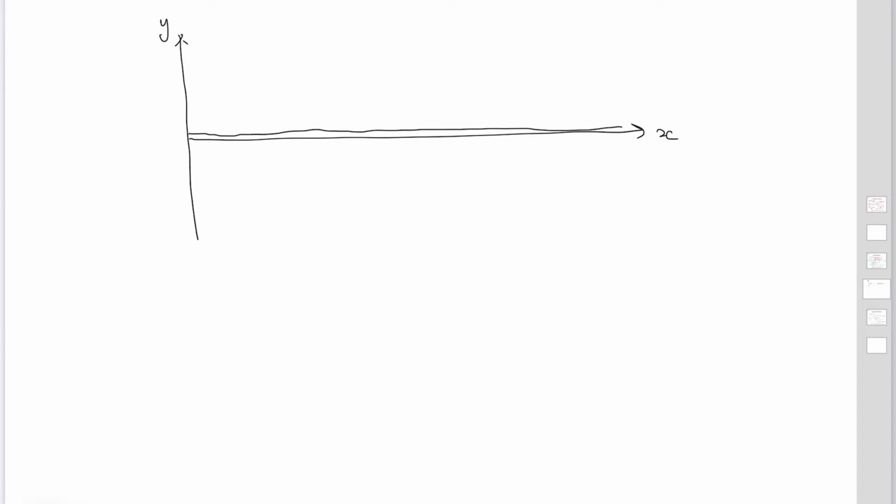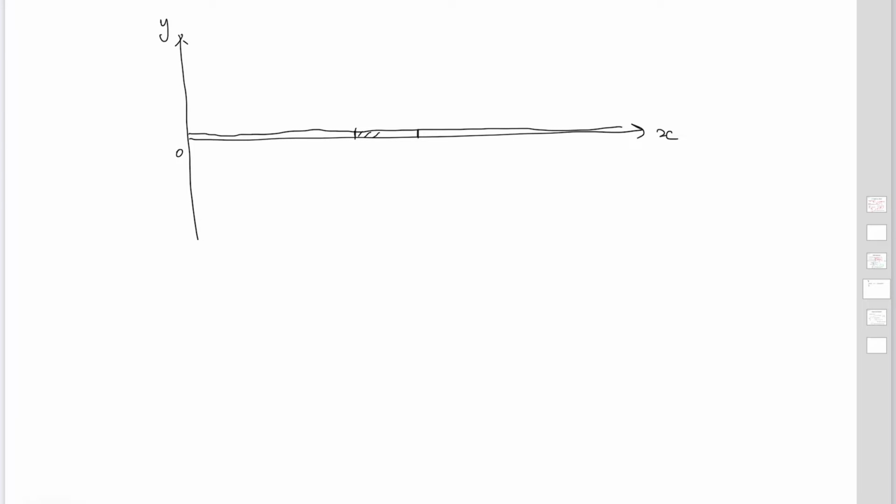So in this situation, we consider this xy coordinate. At first, the string is on the x-axis. This is the string. Then we consider a section of the string.